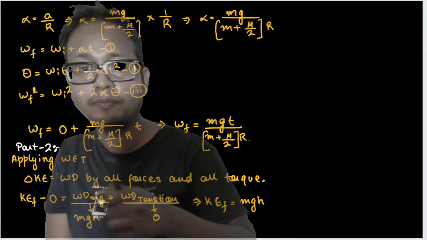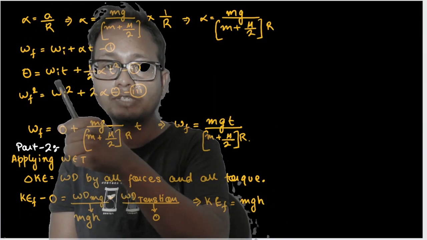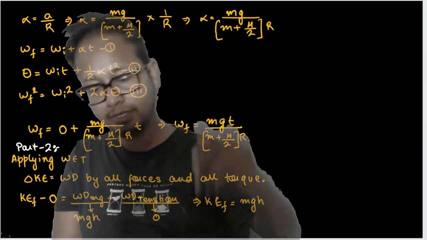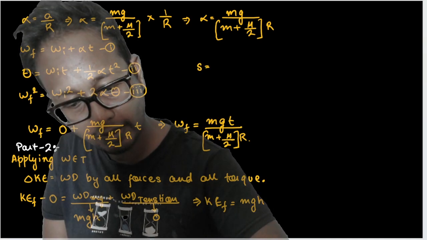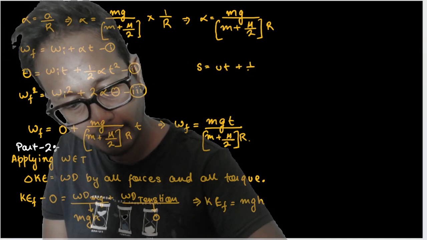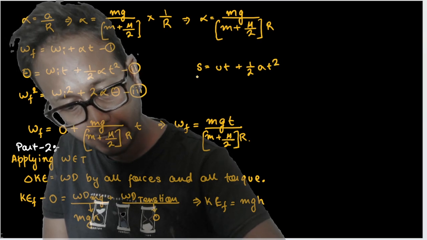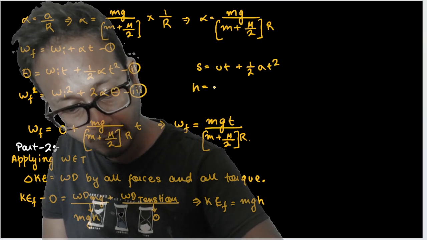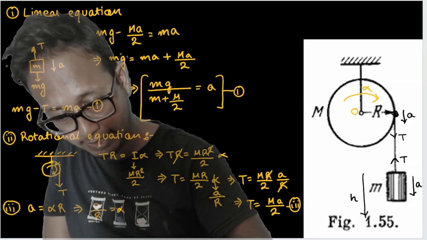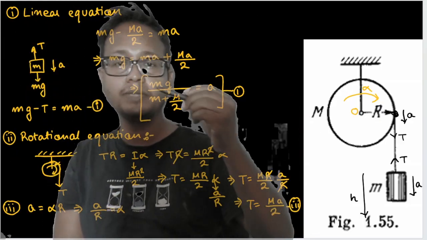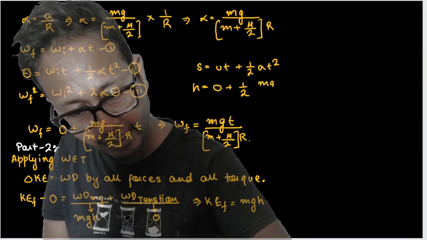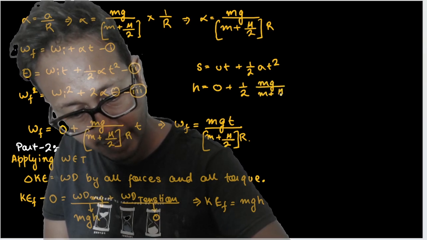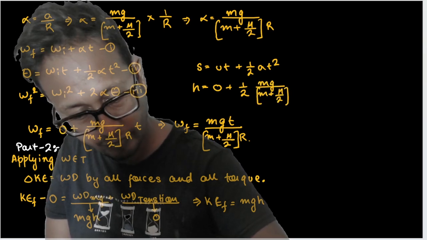I can simply apply this formula: S is equal to ut plus half at square. I know the value of a. So S, which is nothing but h out here, equals initial velocity 0 plus half the value of acceleration, which is mg divided by m plus capital M by 2, into t square. Mg divided by m plus capital M by 2, isn't it?